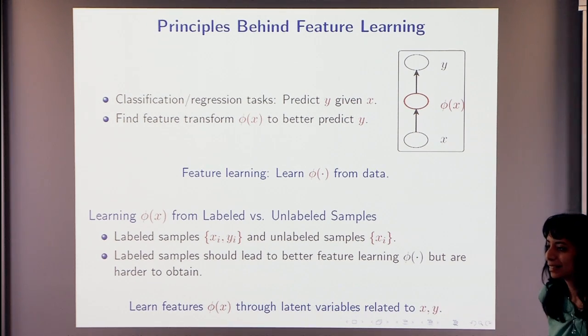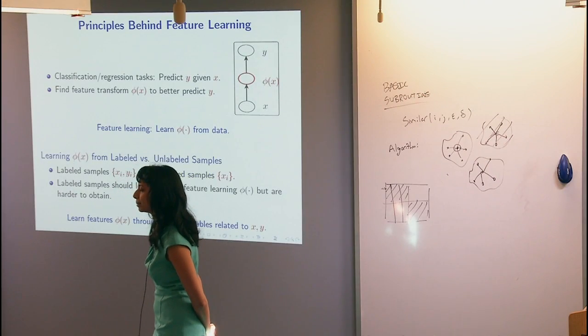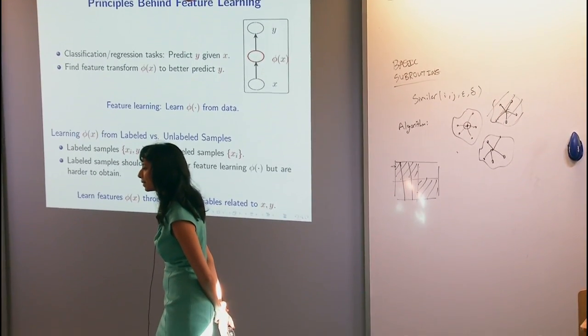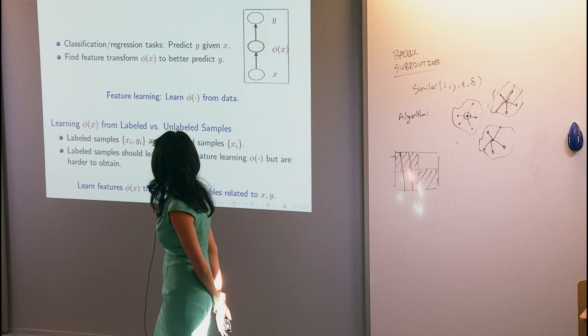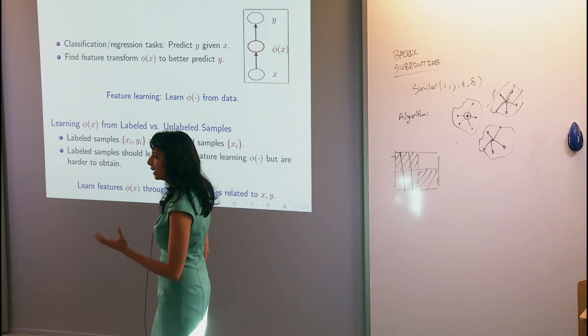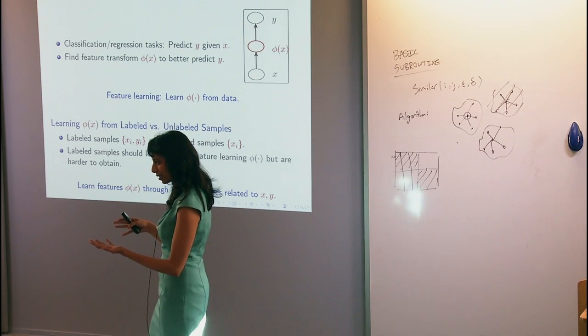This is a very naive question. So you're trying to find a feature function phi to better predict y. Yeah. And if you're given unlabeled samples, how would that provide any information about it? Yeah, so because again, that's the question we'd like to address. In practice, we also have some distribution information for x, right?